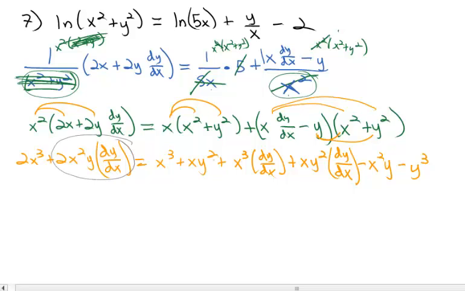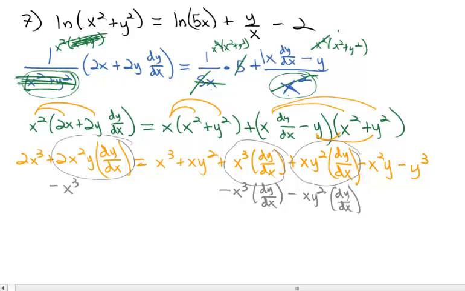Let's get all the dy dx terms on the same side. I think it's going to be easier to move them all to the left this time. So I'm going to subtract x cubed dy dx, subtract xy squared dy dx. That moves them all to the left side. x cubed dy dx minus xy squared dy dx. We have to get rid of everything without a dy dx on the left, so we'll subtract 2x cubed from both sides.